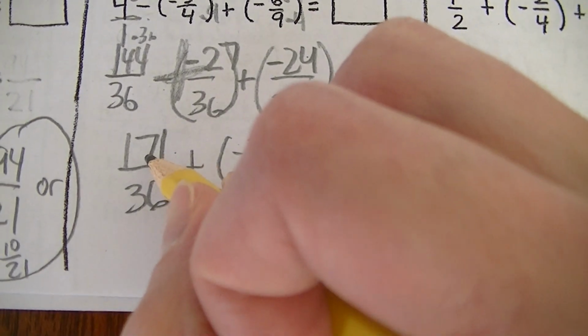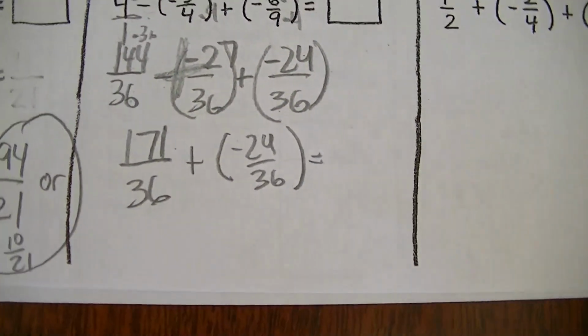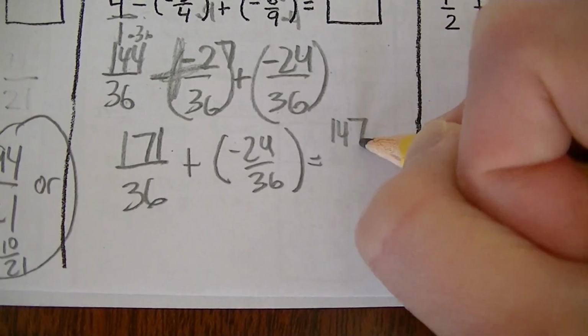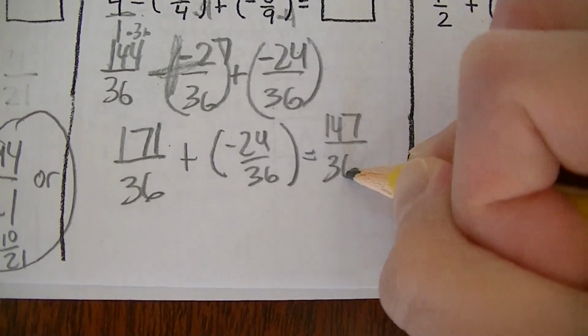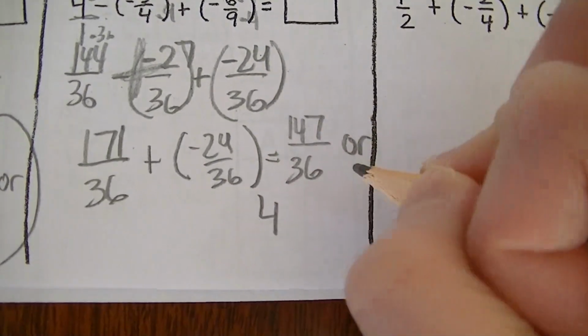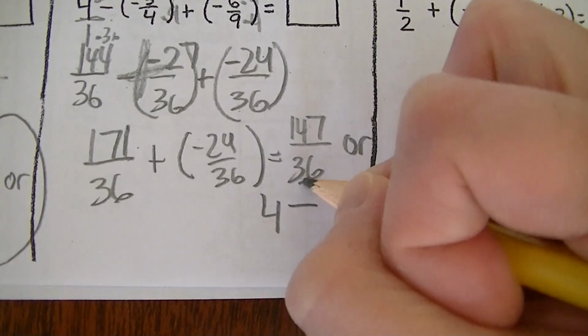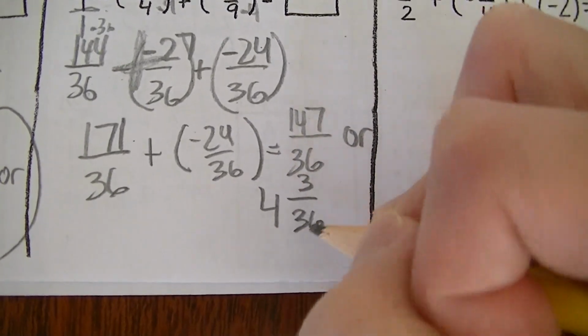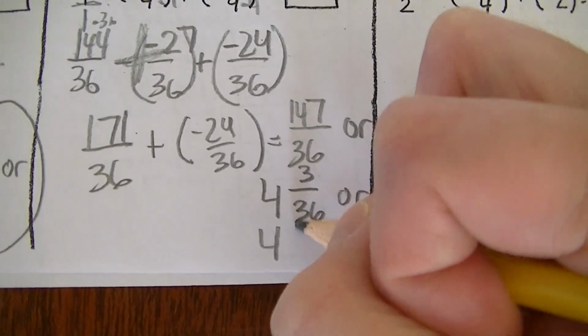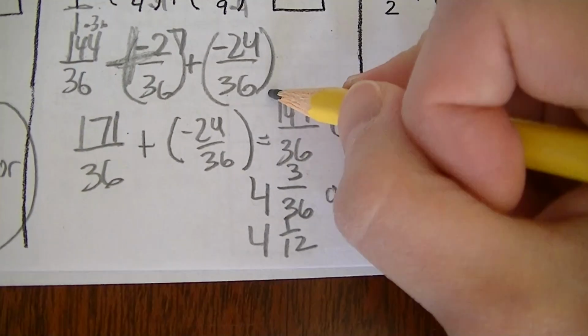So it's really 171 minus 24 because I go to the left, and that is 147/36. So that's an answer, or you could turn it into a mixed number and get 4 and 3/36. But that simplifies even further, and you could write 4 and 1/12. So all those are possible answers.